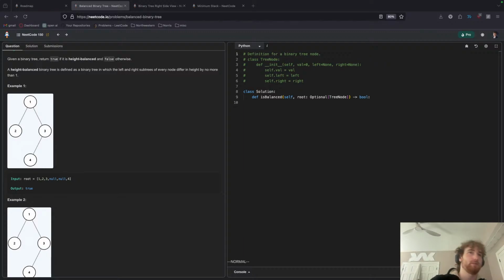But I don't know if there's a better way. Because that's expensive, but it would work. It's just DFSing and finding every height.